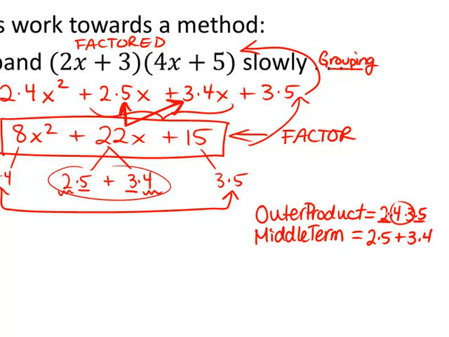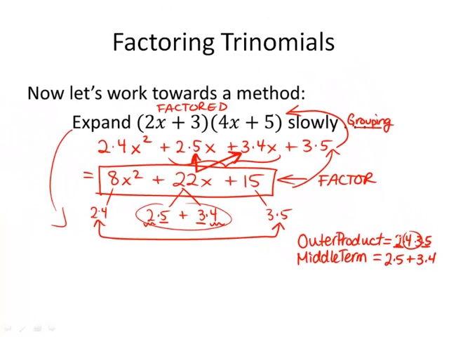So somehow we need to notice that when we go 8 times 15, 8 times 15 is 120. We want to somehow get 10 plus 12. Notice that 10 times 12 gives us 120, and 10 plus 12 gives us 22.